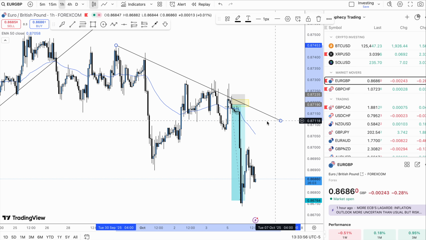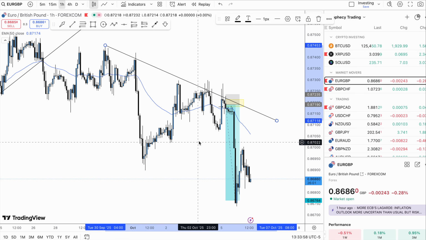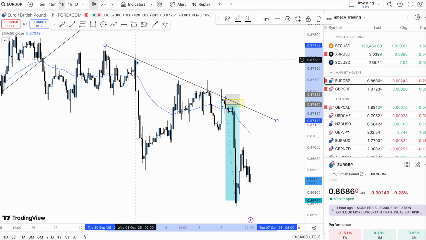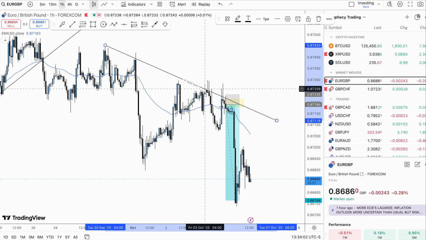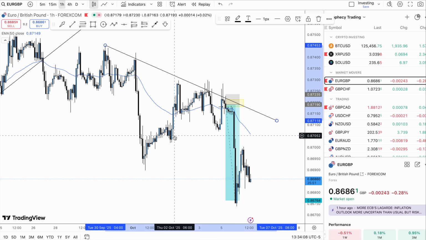So previous to the entry, we had 1, 2, 3, 4, 5, 6, 7, nearly 8 different touches respecting the trend line. This is indicating a very strong resistance on the hour chart.